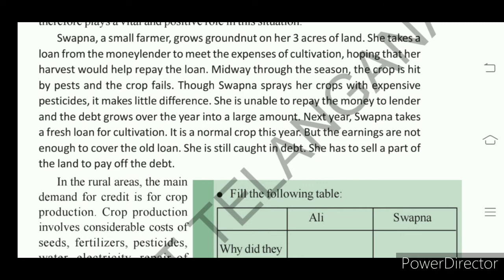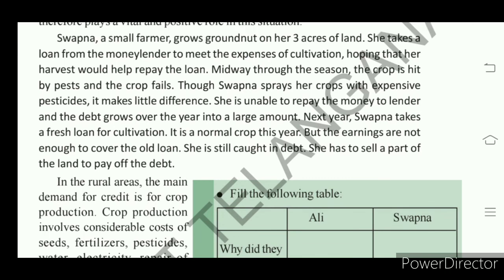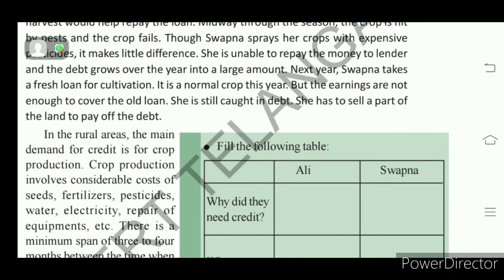Understand? This is the situation we see in this case, that credit has not played a positive role. Credit has played a negative role. So whenever we take a loan, it may give profit or loss. When it gives profit, it will be good, right or not?